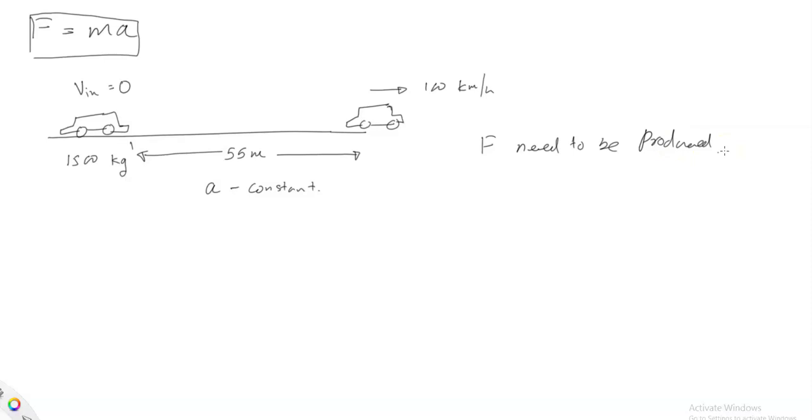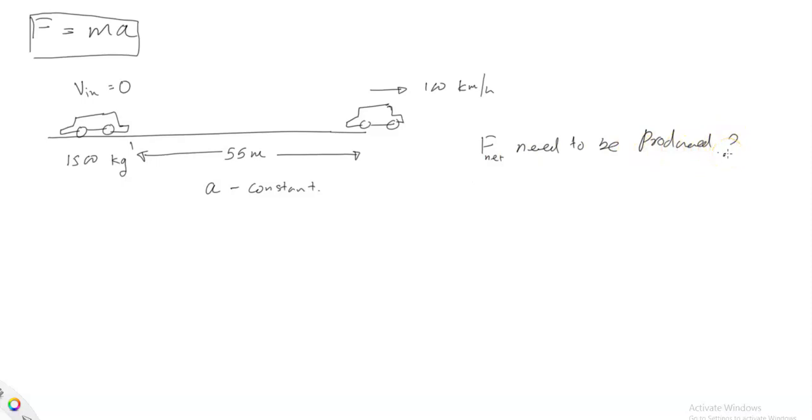Somebody has to provide it. Either somebody has to push the car, or the engine needs to generate that power and spin the wheels, right? Okay, so the question is asking how much net force, F net, needs to be produced.